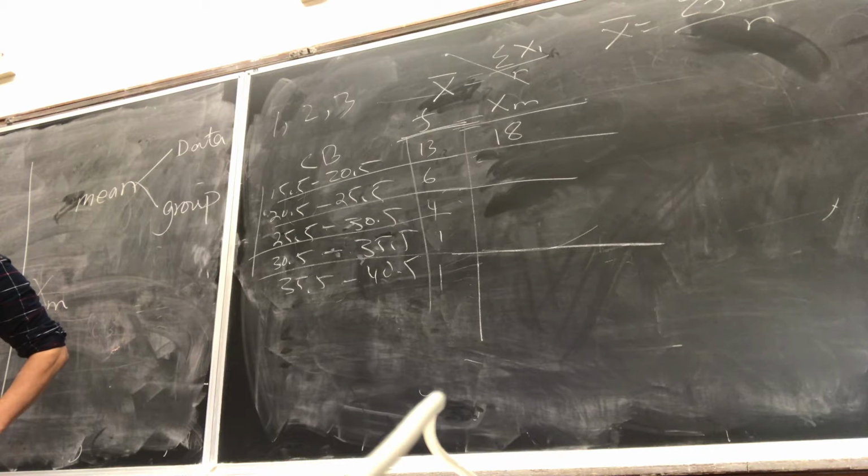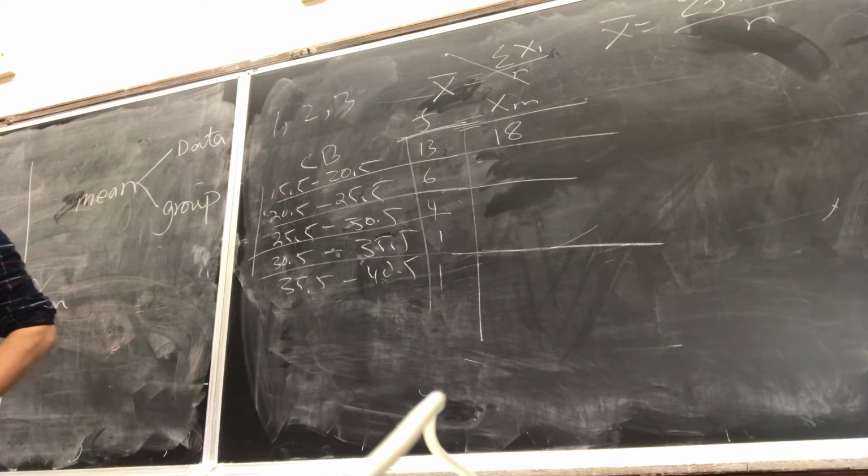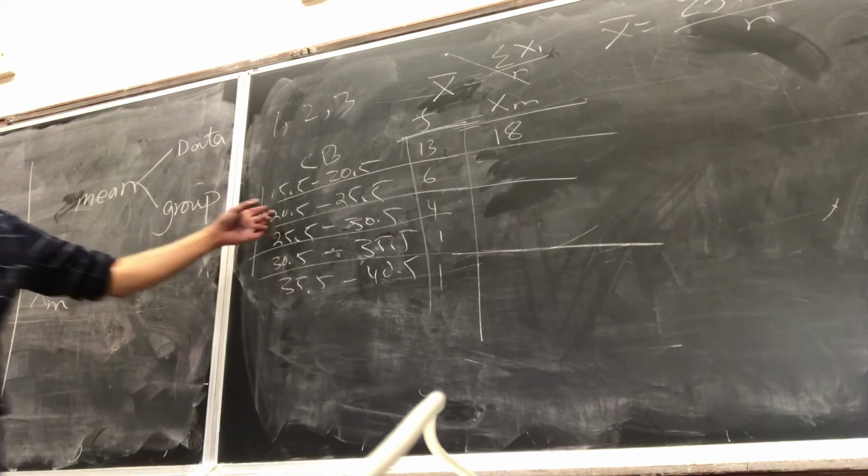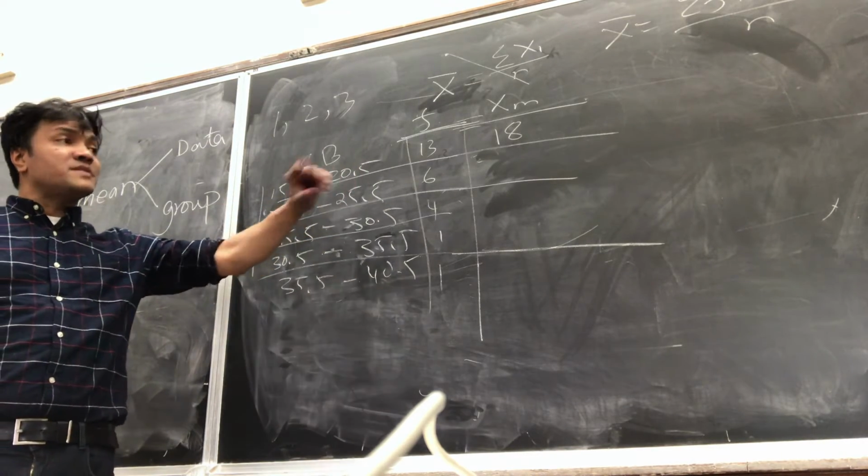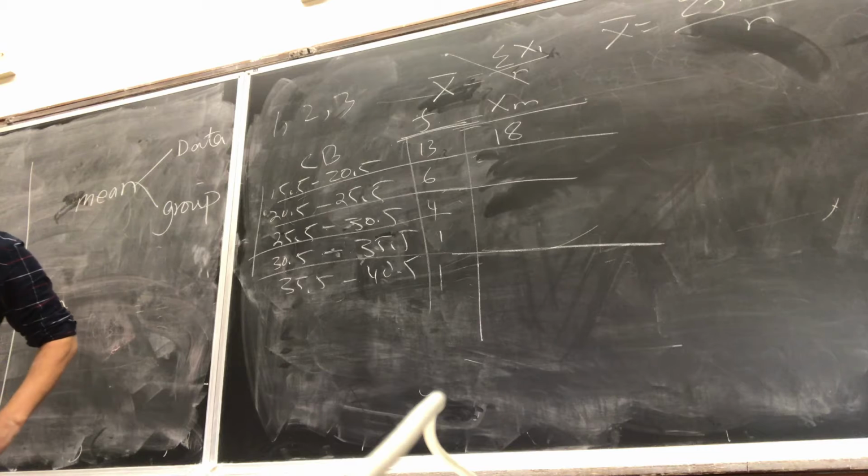Some information has to be given, so you use that information to find the missing information. In this case, class boundary is given and frequency is given. You did 15.5 plus 20.5 divided by 2, yes, that's how you get 18.